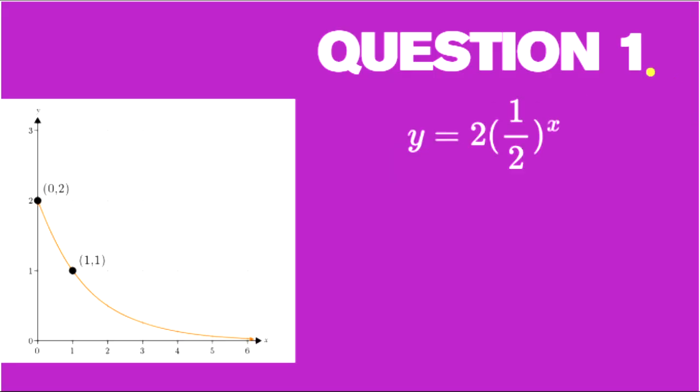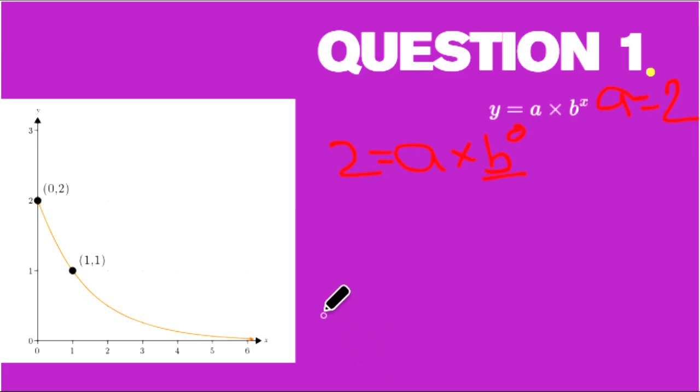Next, we have, oh, it went too far. I apologize. Ignore that little flash. Okay, so now we take our second point, which is 1 is equal to, now sometimes it uses a and sometimes it doesn't. We're going to go ahead and put our value for a in. 2 times b raised to the power of 1.